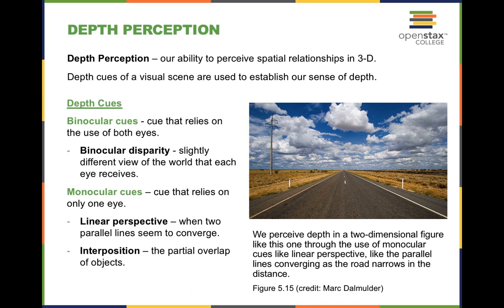Now, a lot of monocular cues include linear perspective as well as interposition. Linear perspective is whenever two parallel lines seem to converge. So you only need your monocular cue for that. That's why whenever you're looking at an image, a lot of us in art class have created this image of a road that is going into the distance.